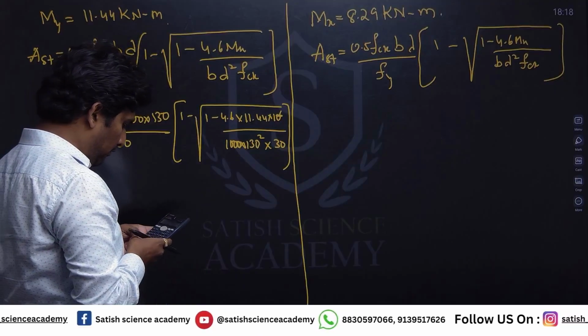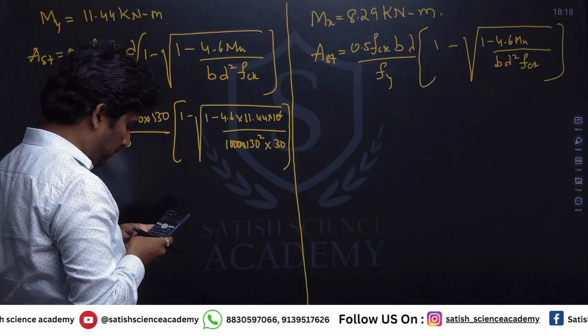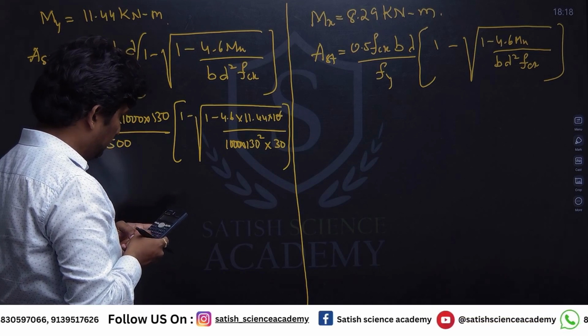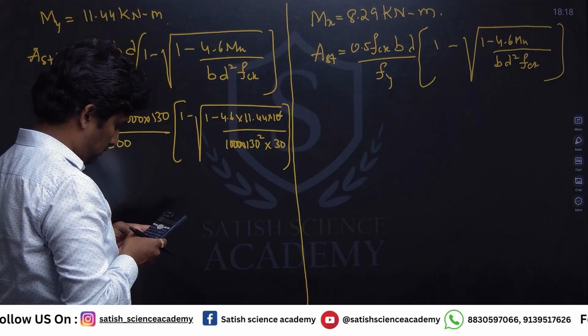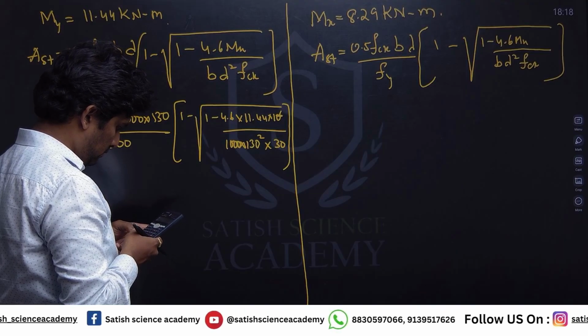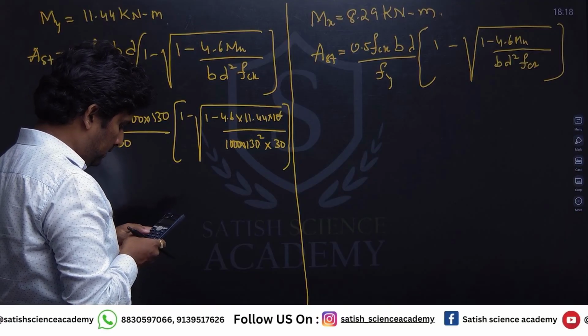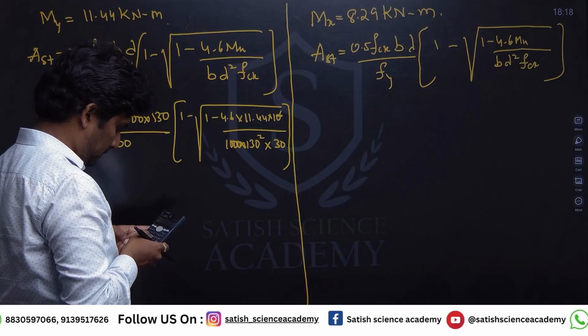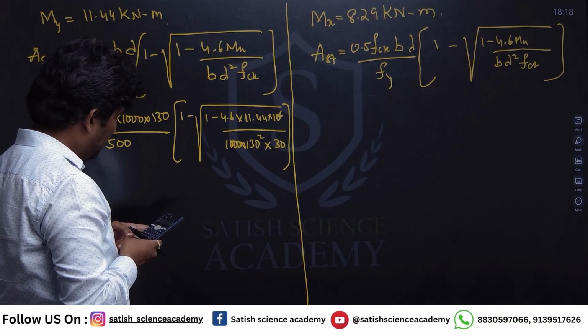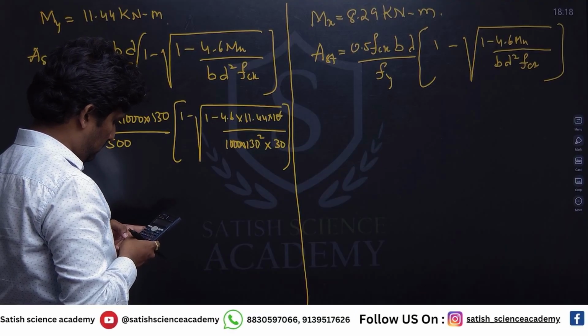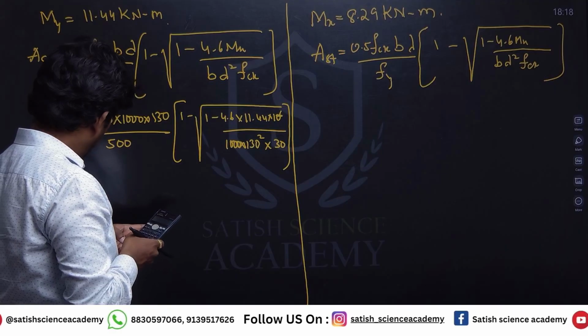So this value will be 4.6 into 11.44 into 10 raised to 6 divided by 1000 into 130 square into 30, then 1 minus the answer, multiplied by 0.5 into 30.